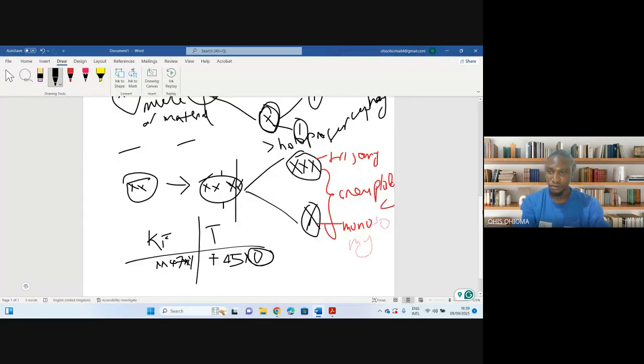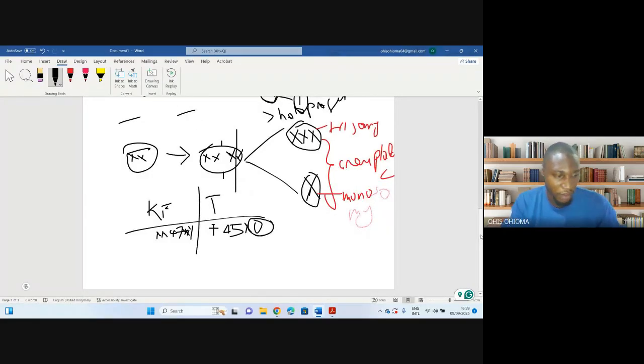The other thing you need to know is that both of them have a reduced gonad. In a patient with Klinefelter syndrome, the testicles are very small, but in Turner syndrome, the patient has what we call streak ovaries, or ovarian dysgenesis.